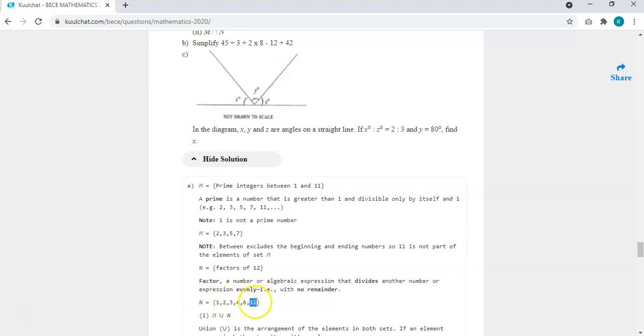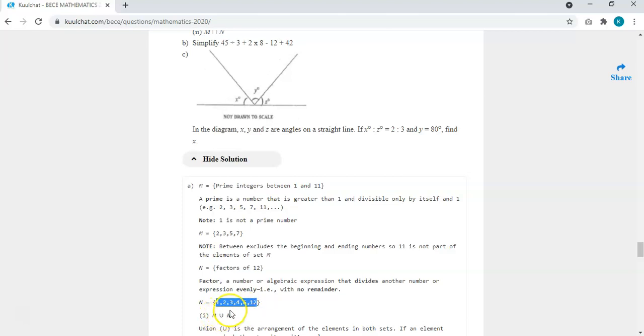So 1 times 12 is 12, yes. Then take the next one and the next from the last. So 2 times 6 is 12, yes. Now 3 times 4 is 12. So you can see that there is no number left which doesn't have a partner to multiply to get 12. So we've listed all the elements of the factors of 12.